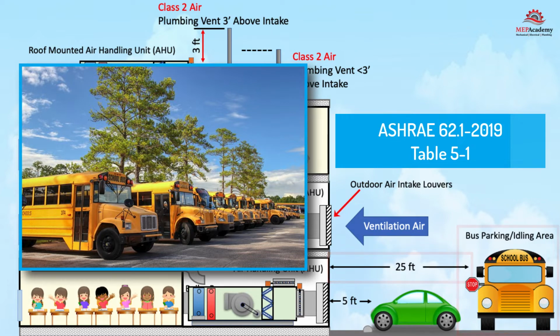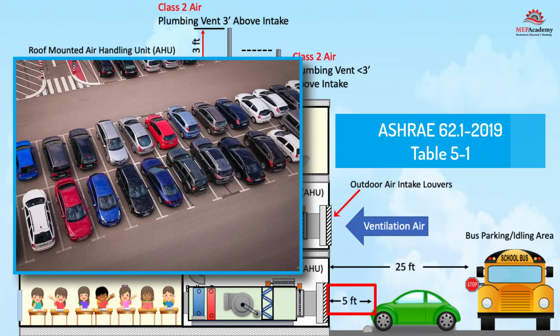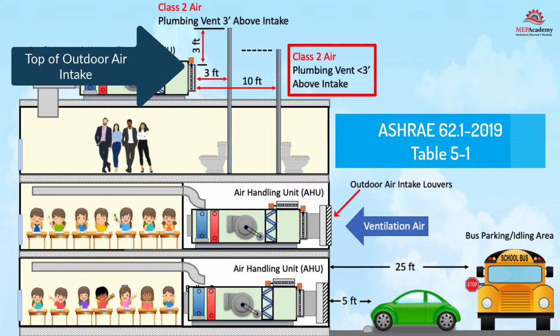A minimum of 5 feet, 1.5 meters, is required between intakes and driveways, streets, or parking places. Any Class 2 exhaust or plumbing vent terminating less than 3 feet, 1 meter, above the level of the outdoor intake is required to be located a minimum of 10 feet, 3 meters away.